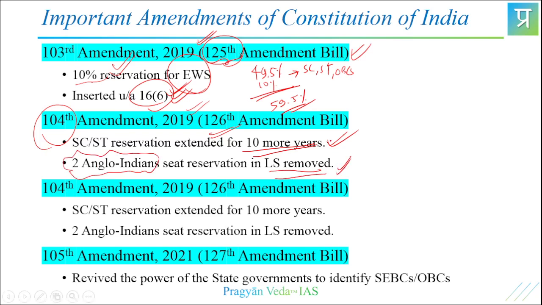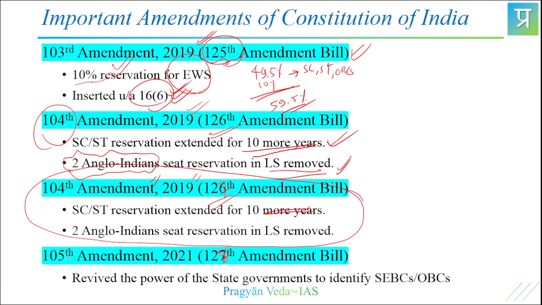Then we have the 104th Amendment Act coming in 2019 only, which is also called the 127th Amendment Bill. I think there was some mistake here; it gave ST reservation extended for 10 years. I think this is the same thing, it's repeated. Okay, fine, 127th.